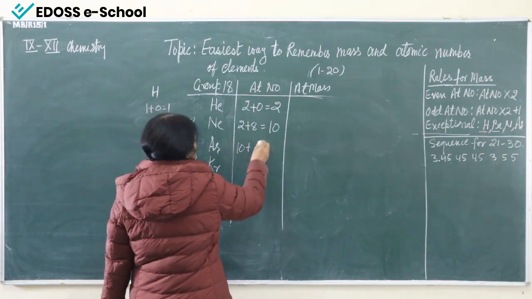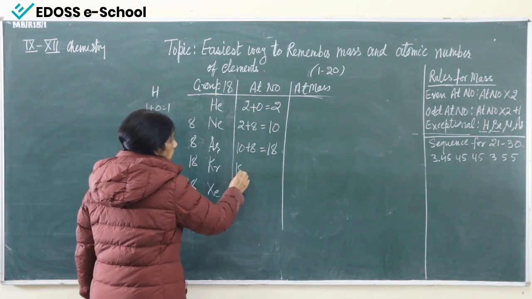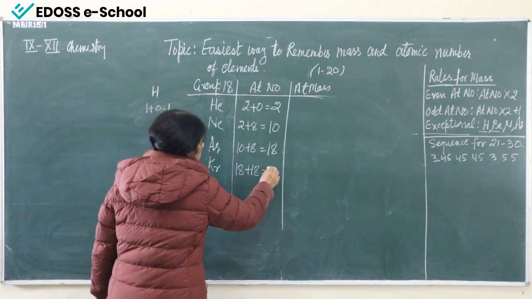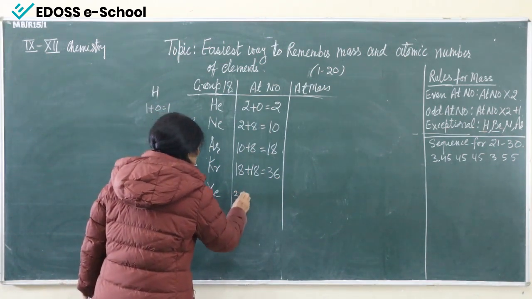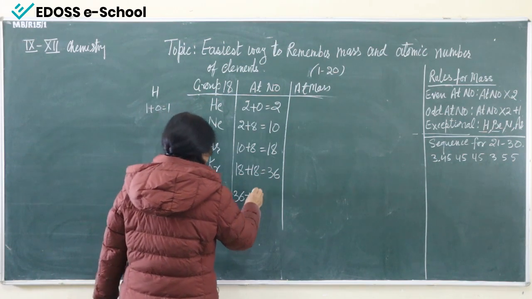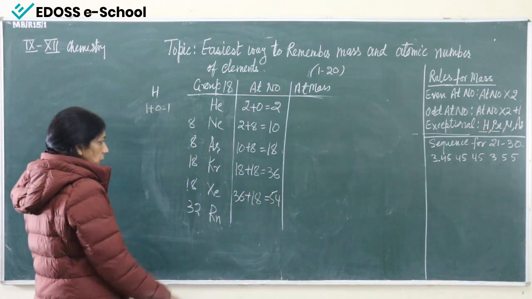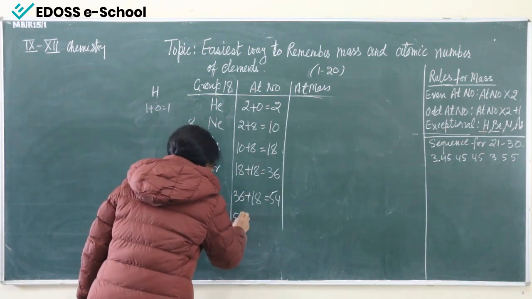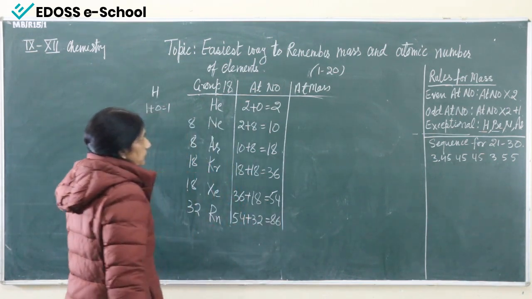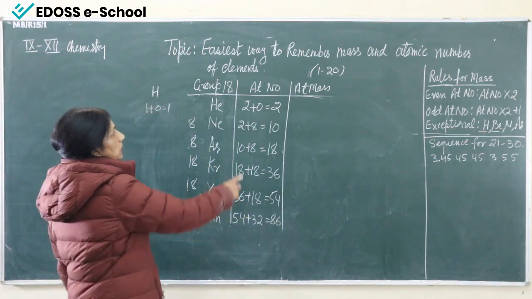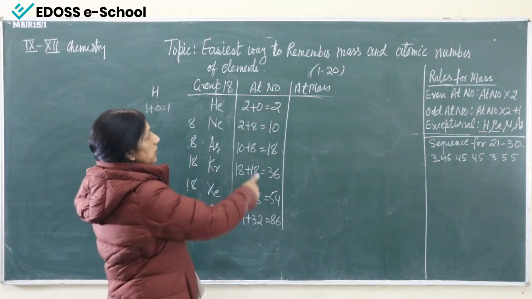So this is 10 plus 8 is 18, and this for krypton 18 plus 18 is 36, and for xenon 36 plus 18, 54, and for radon 54 plus 32, 86.